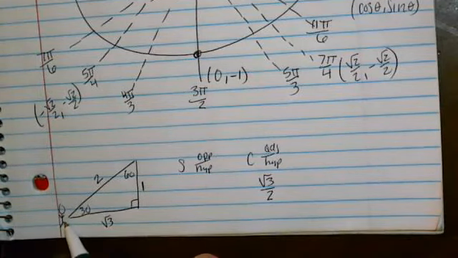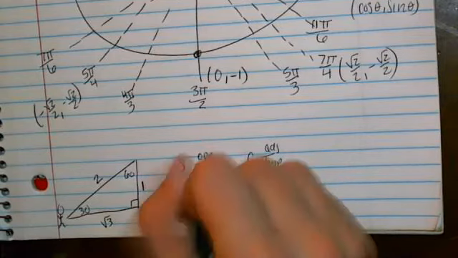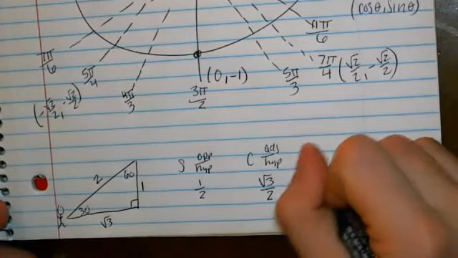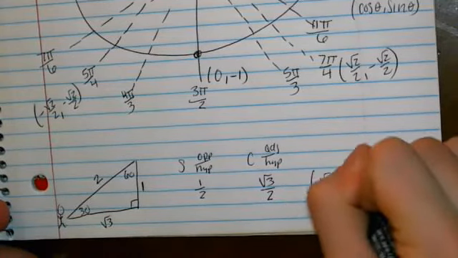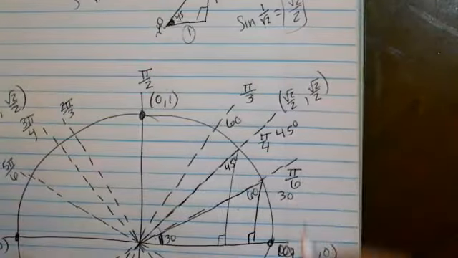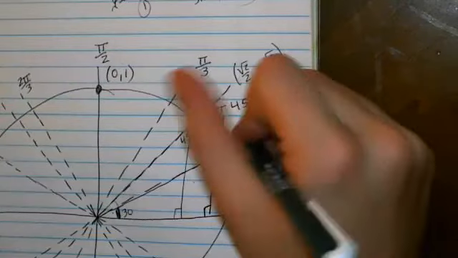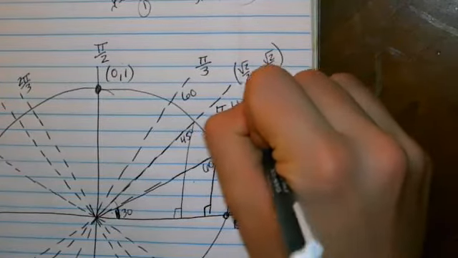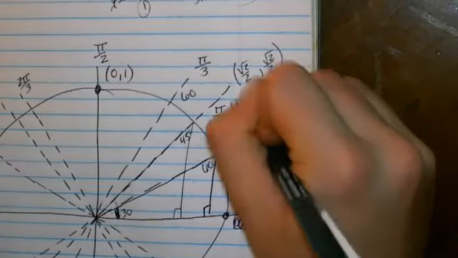Now opposite me is 1, and hypotenuse is 2. So this is the coordinate point: root 3 over 2, 1/2. Because cosine comes first, at my pi over 6, it's going to be root 3 over 2, comma, 1/2.